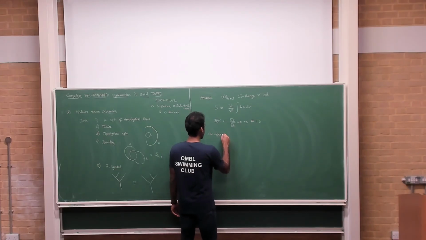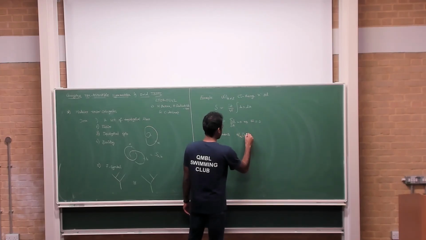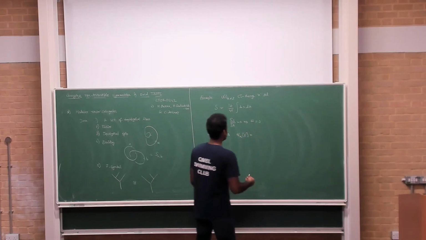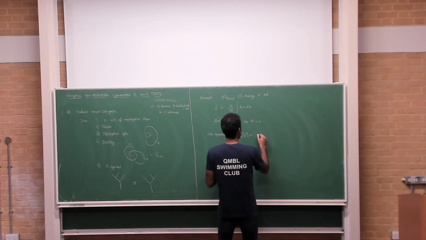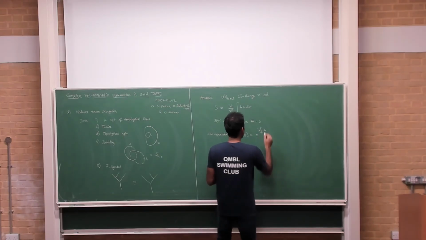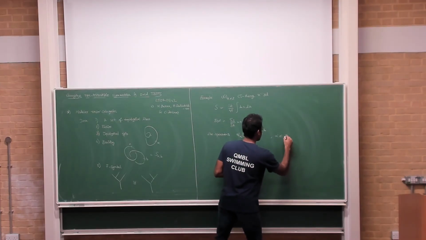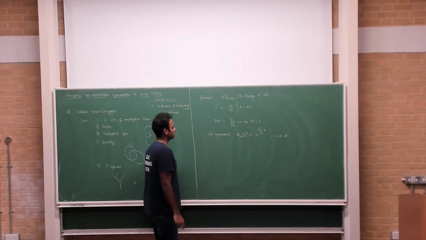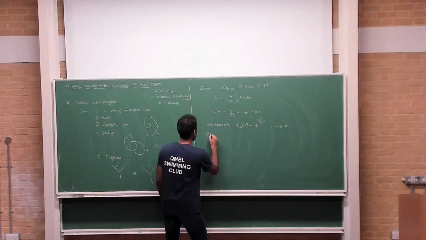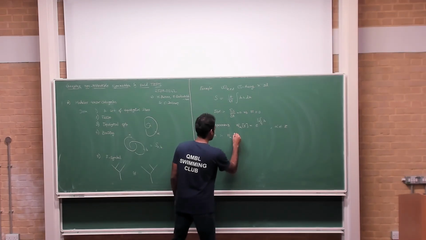And the line operators are of the form, rather I should say loop operators, because since there are no local operators, line operators are not going to be gauge invariant by themselves. And here alpha has to be an integer for the purposes of gauge invariance, and the fusion in this case is the following.